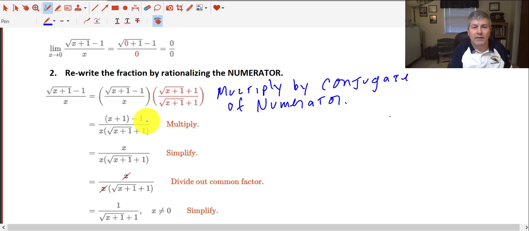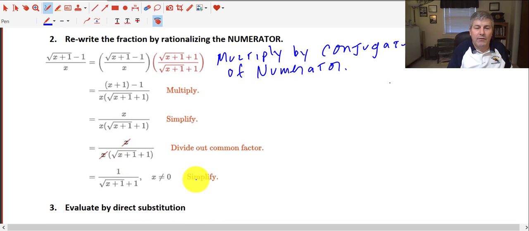And let's just leave our denominator as is, x times the quantity square root of x plus 1 plus 1. A little simplifying, our x's cancel here, so we divide out our common factor, and we do indeed get all the way down to 1 over the square root of x plus 1 plus 1.